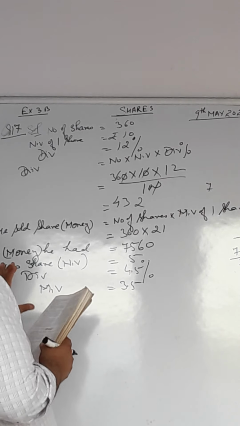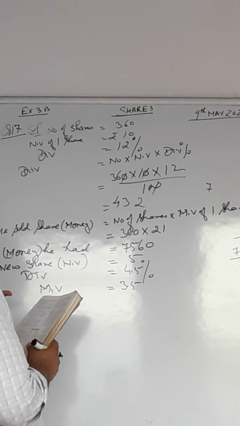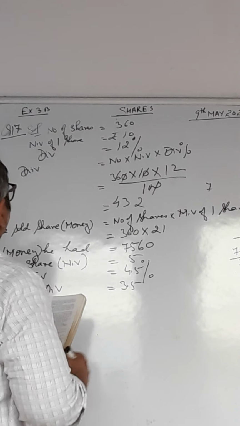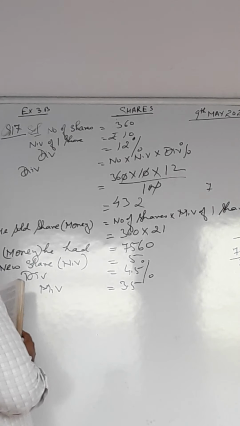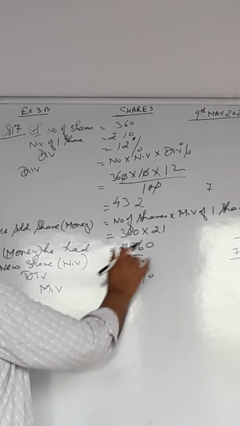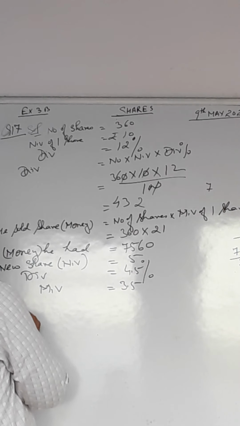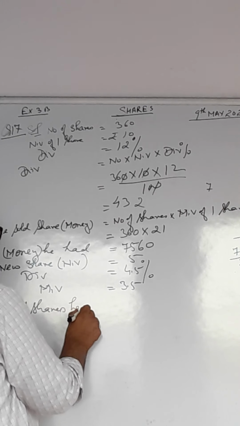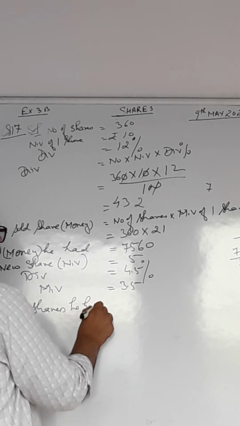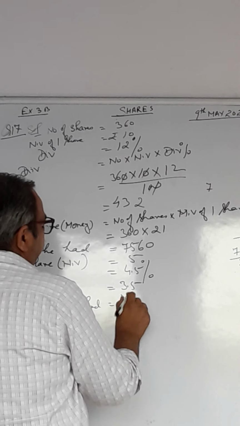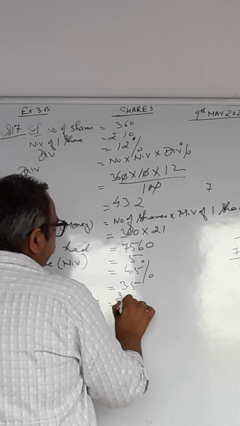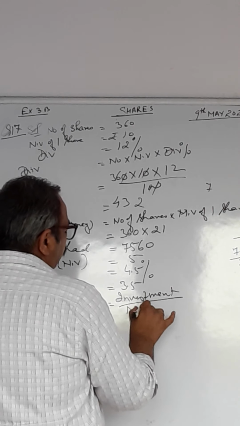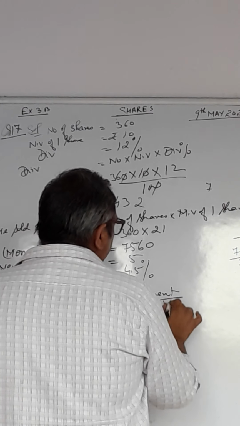First of all, we'll see how many shares he can buy from the market. He had this much amount of money. So number of shares he bought equals investment upon market value of 1 share.